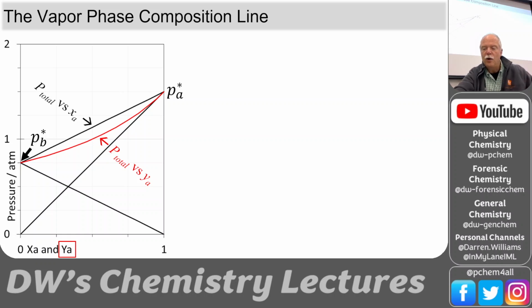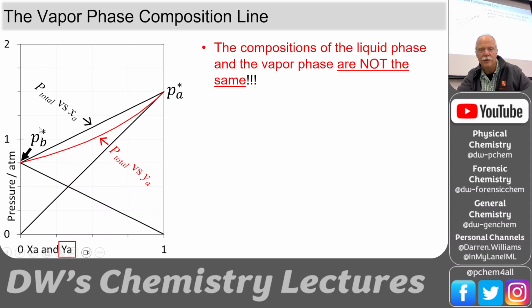And so that's this YA. So this is the vapor phase composition line. So compositions of the liquid phase and the vapor phase are not the same. Bang, bang, bang. Beating that into you. It does make sense. If something's more volatile than the other, it's going to be concentrated in the vapor phase.